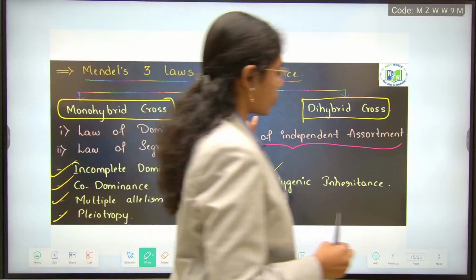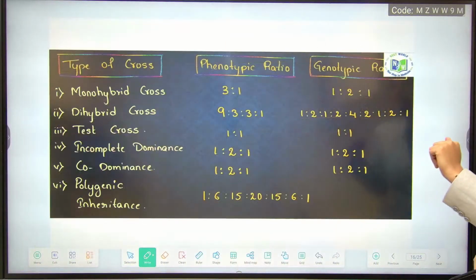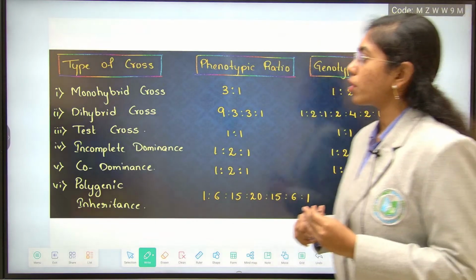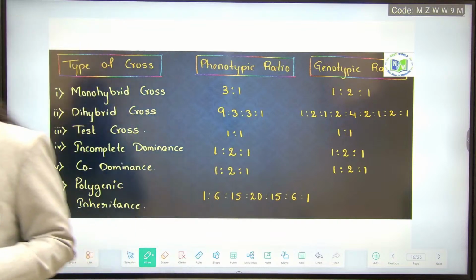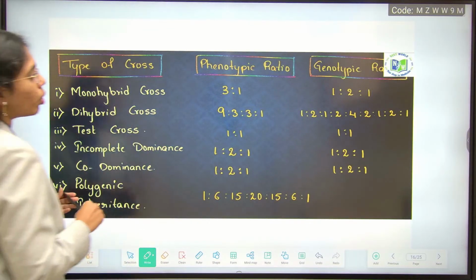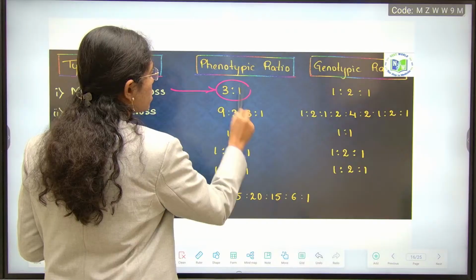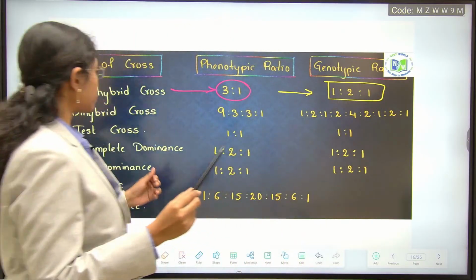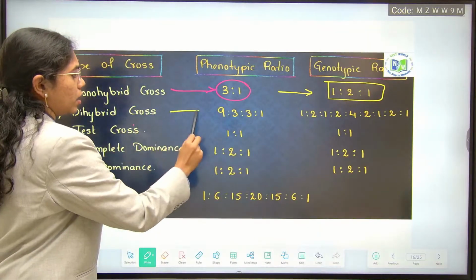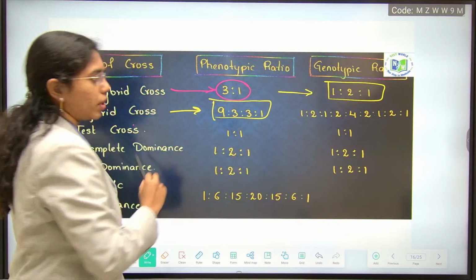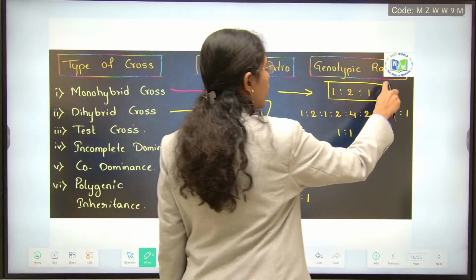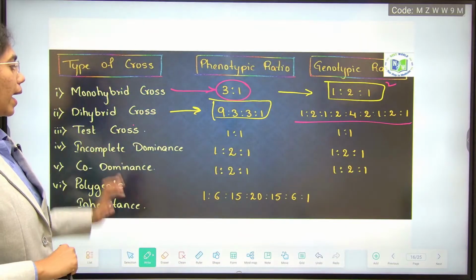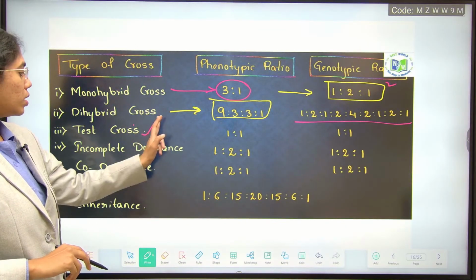Now, see, these are the ratios. You can clearly see the type of cross, phenotypic ratio and genotypic ratio. Monohybrid cross phenotypic ratio is 3:1. Genotypic ratio is 1:2:1. Dihybrid, 9:3:3:1 is the phenotypic ratio. If you square 1:2:1, that will give you the genotypic ratio of the dihybrid cross. Test cross is always 1:1.